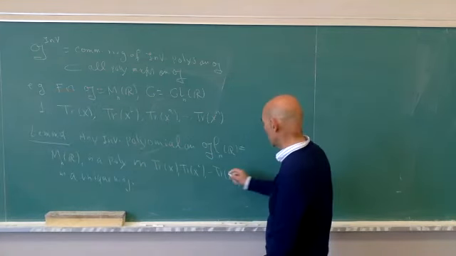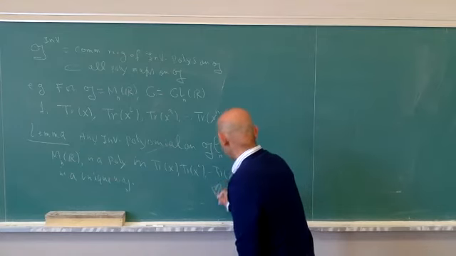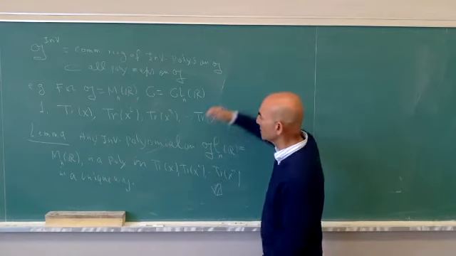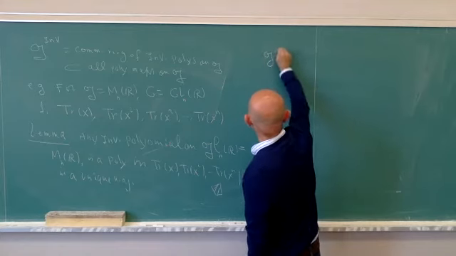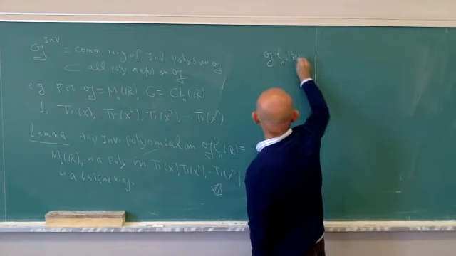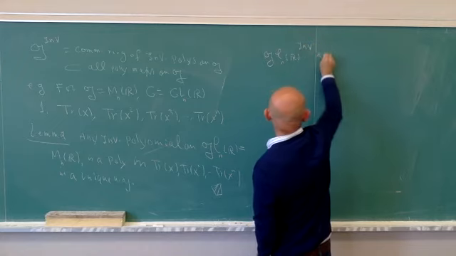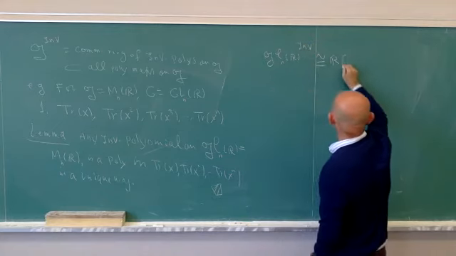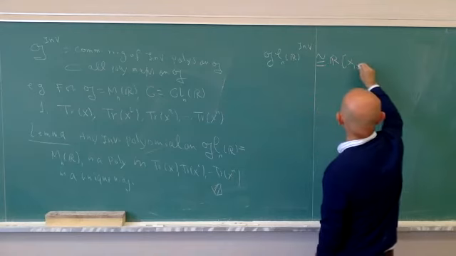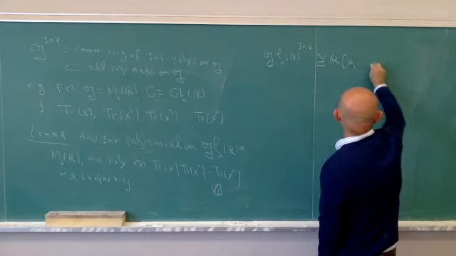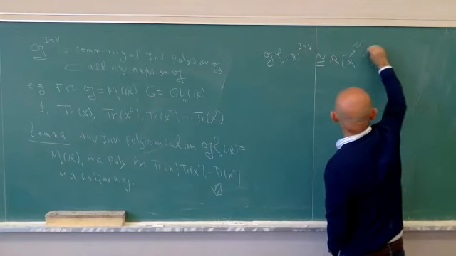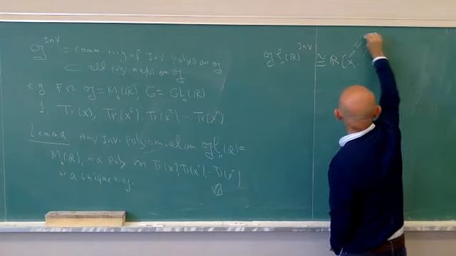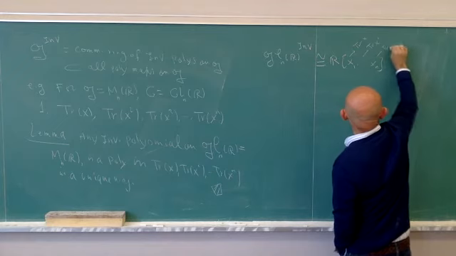But let me just say how to prove it in a second. The ring of GL_n(R) invariants is isomorphic to the polynomial ring in n variables x_1 through x_n. Well, this is like trace of x, this is like trace of x squared, and this is like trace of x^n.